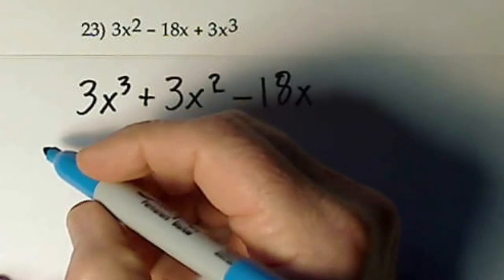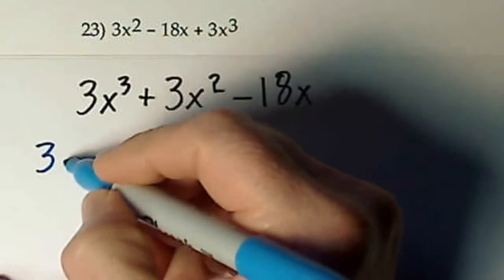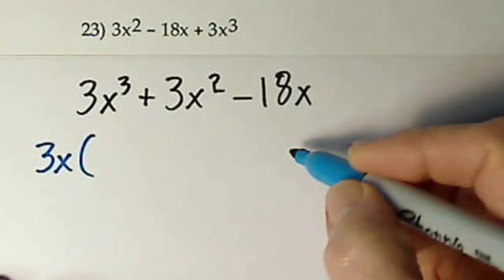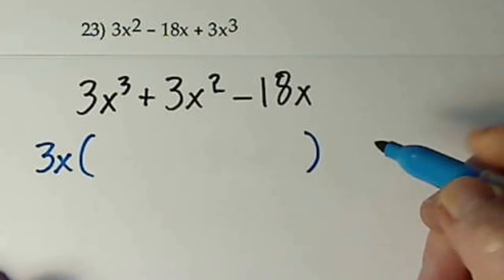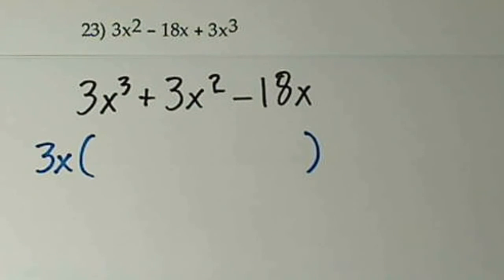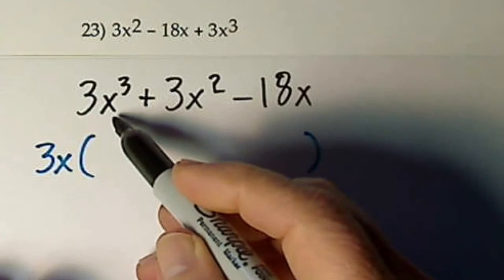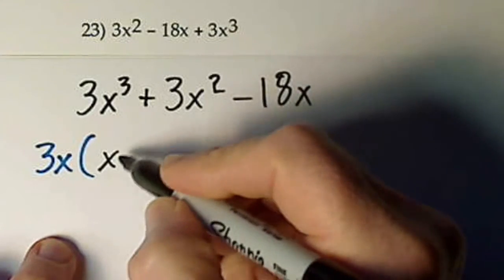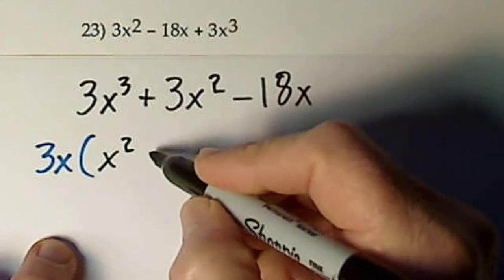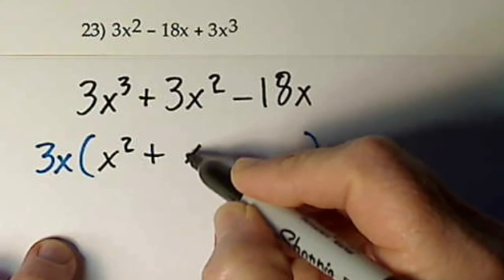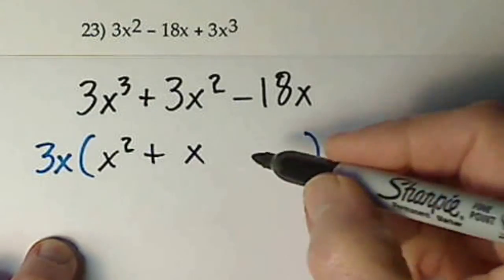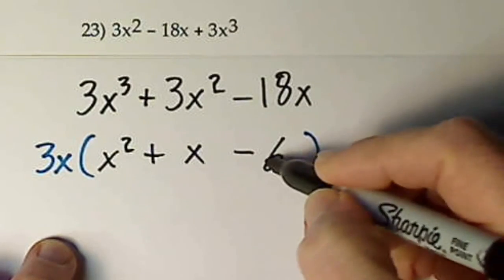I'm going to factor out the GCF of 3x from each term. And when I do that, that leaves me with the first term. If I divide by 3x, I'll be left with x squared. For the next term, I'll have just an x. And for the last term, negative 6.